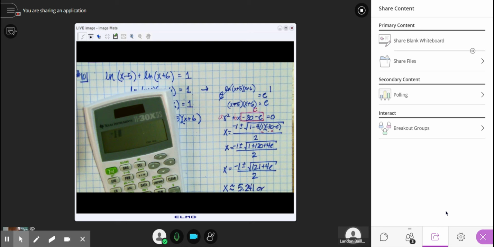Or a -1 minus the square root of 121 plus 4e, divided by 2.